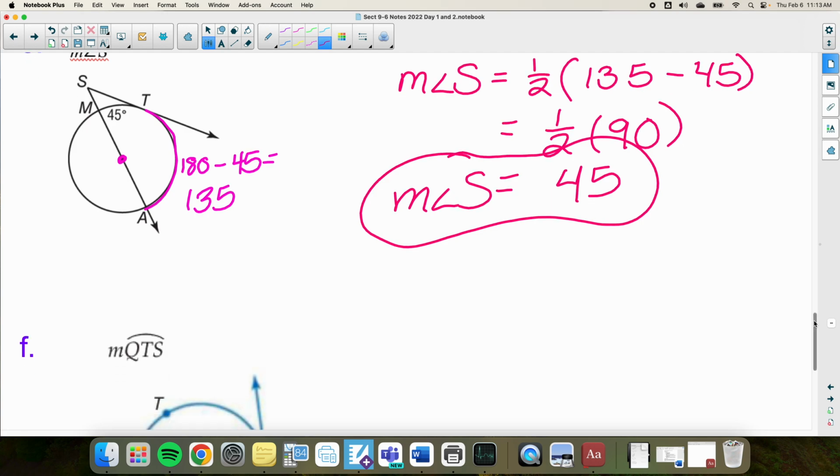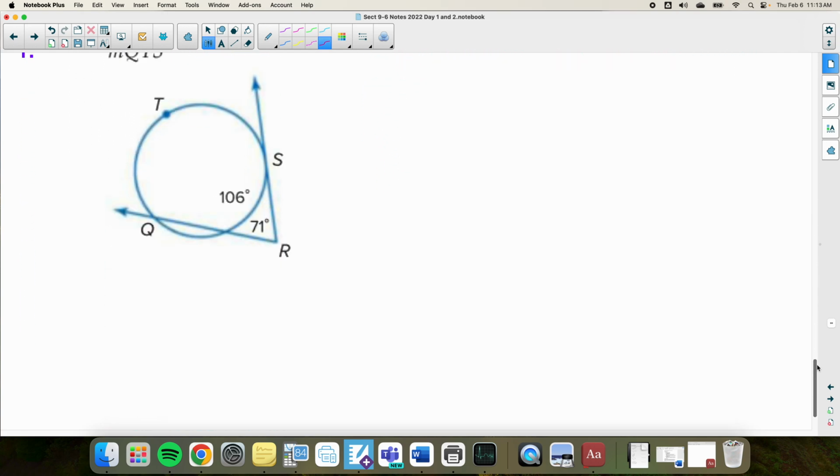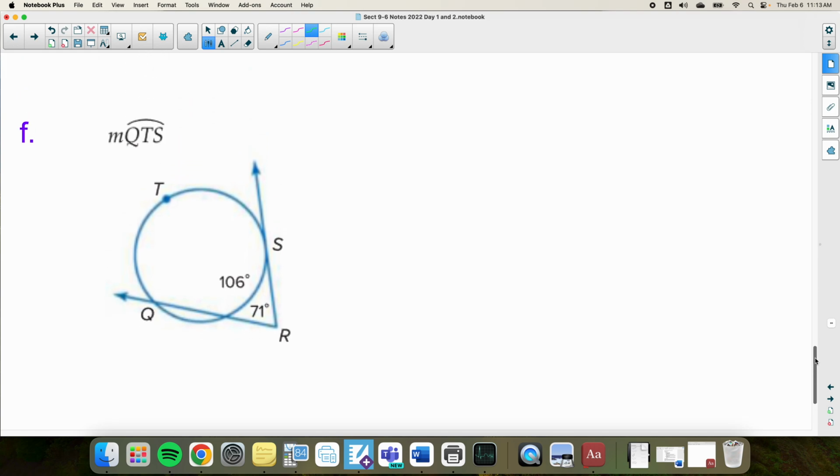Okay. Then if we look down here, the way that this one is different is they're looking for our QTS. I can't find our QTS by subtracting 106 from 360 because I don't know what this little arc down here is, okay?